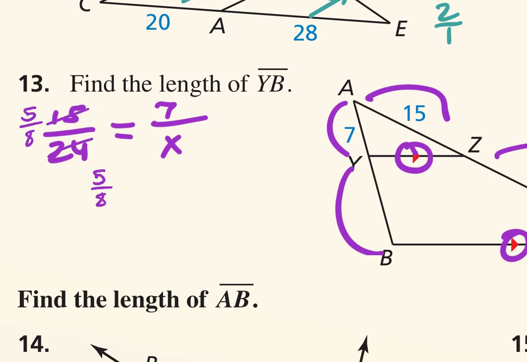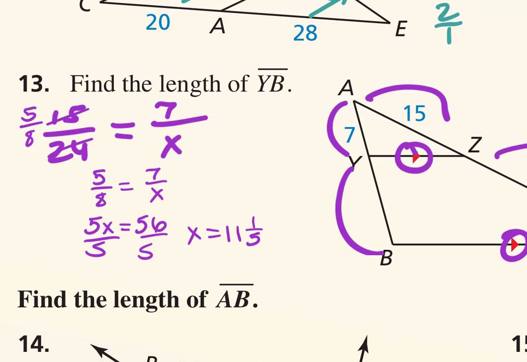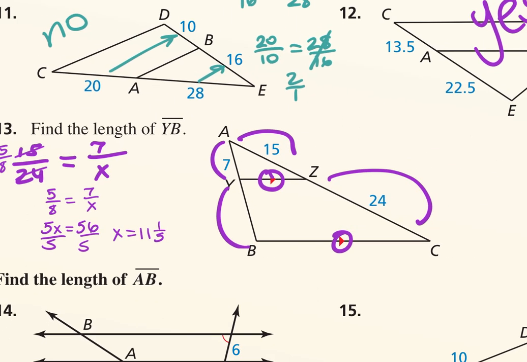So 5/8 equals 7 over X. Now cross multiply, 5X equals 56. Divide both sides by 5. And X equals 11 and 1/5. You could have also done 7 over 15 equals X over 24.